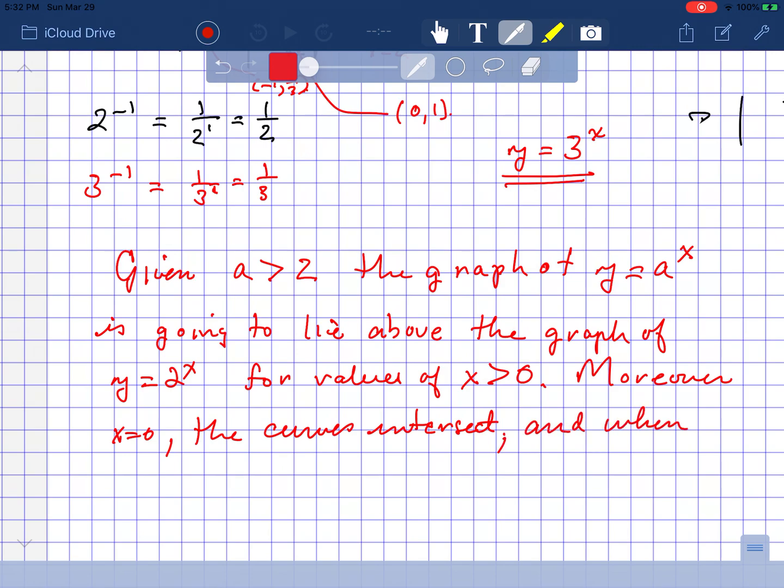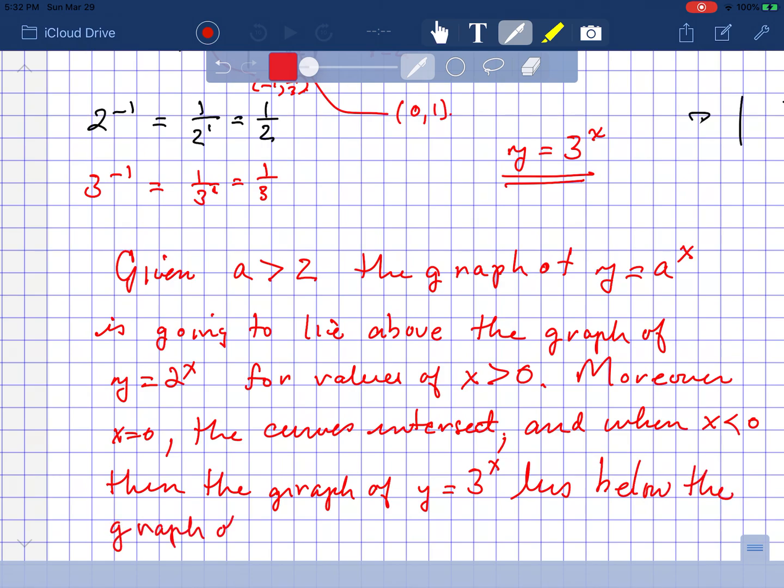And when x is strictly less than 0, then the graph of y equal 3 to the x lies below the graph of y equal 2 to the x. Okay?